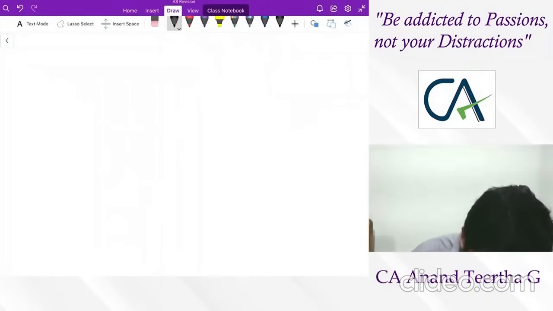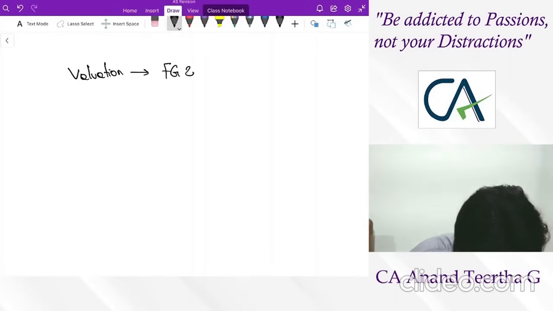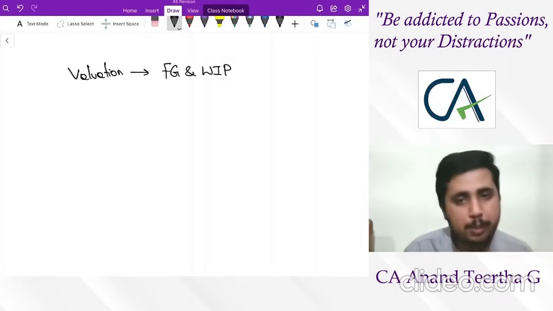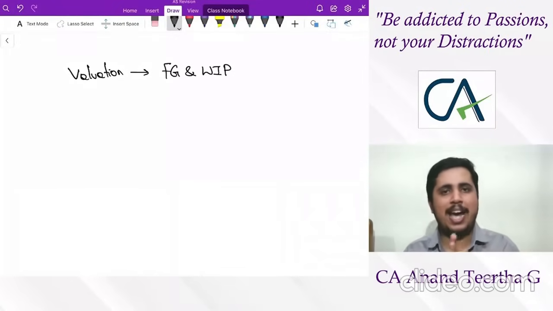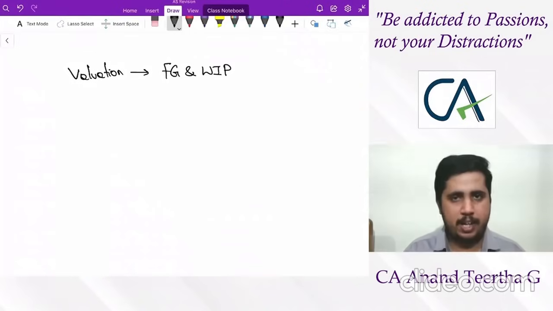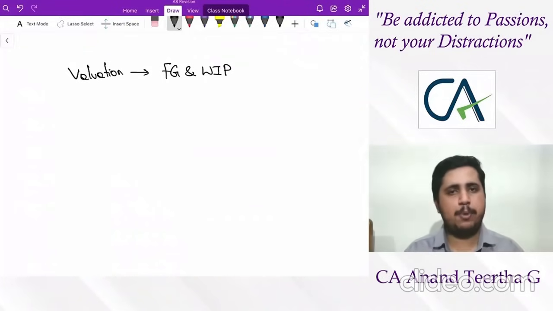Now, the next part is what is required for valuation. The important point of this standard is that mainly we talk about finished goods and work in progress. Point to be remembered that whenever you value inventory, finished goods are valued separately, work in progress is valued separately, and even raw material is valued separately. Now, finished goods and work in progress have similar valuation rules.